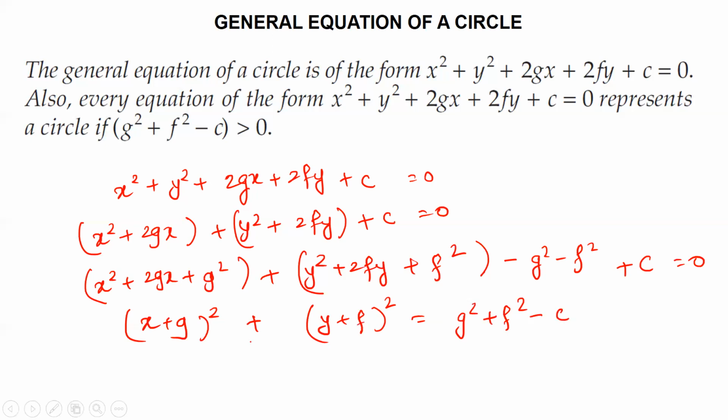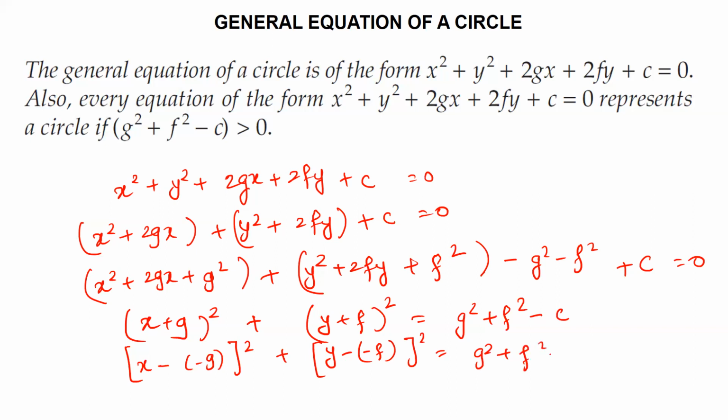Now we have reduced our equation into the previous form, and I just need to make this g as minus g. So I write this as x minus minus g the whole squared plus y minus minus f the whole squared is equal to g squared plus f squared minus c. Now this is in exactly the same form as the equation.